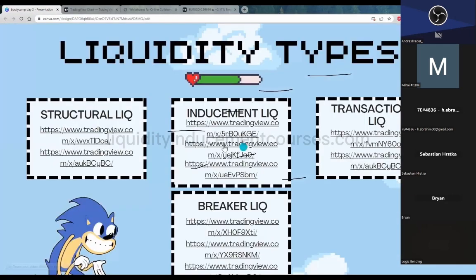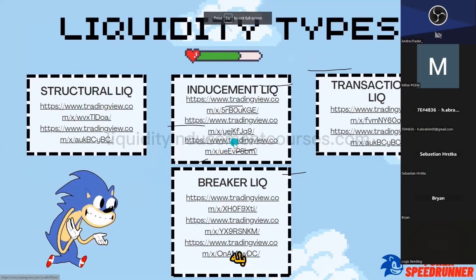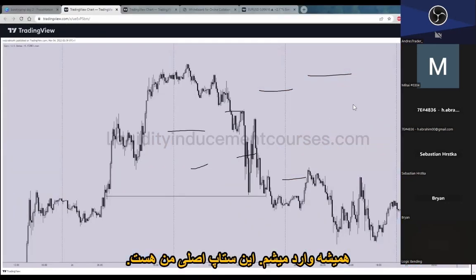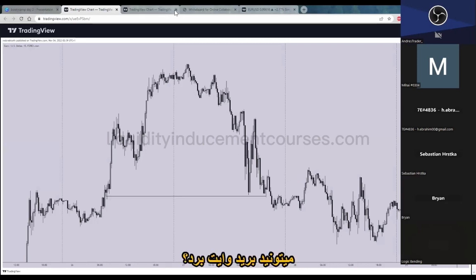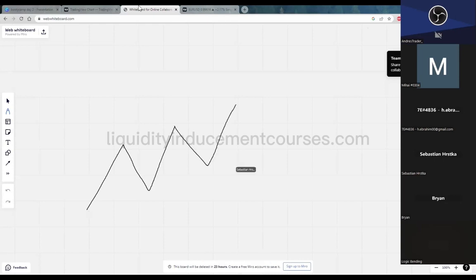Would you open a trade even before the true BOS? Yes, I always enter on that. This is our main setup. So can you go to the whiteboard? Our main setup is this for me.